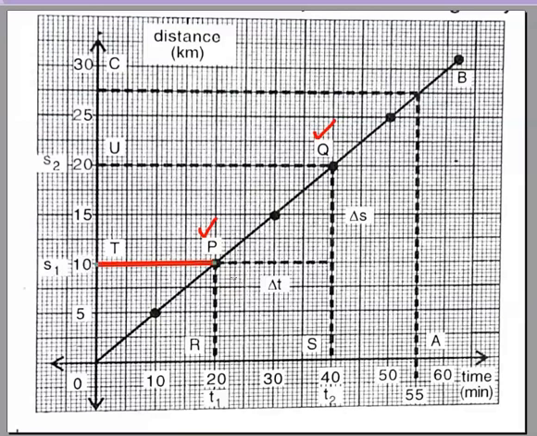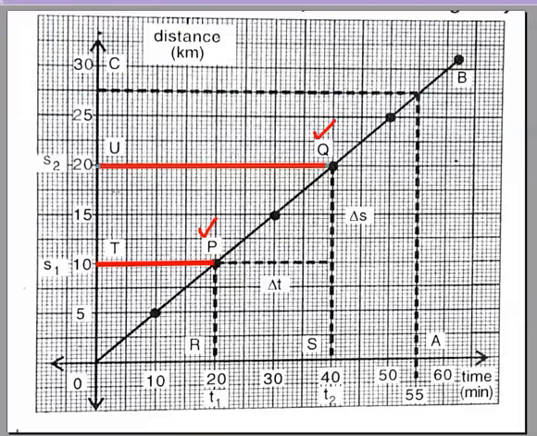Means at this point the bus is at 10 kilometer. And from point Q, if I want to find out the distance, I'll do the same thing: draw a perpendicular line towards the y-axis because the distance is on the y-axis, and this is giving me 20 kilometer.